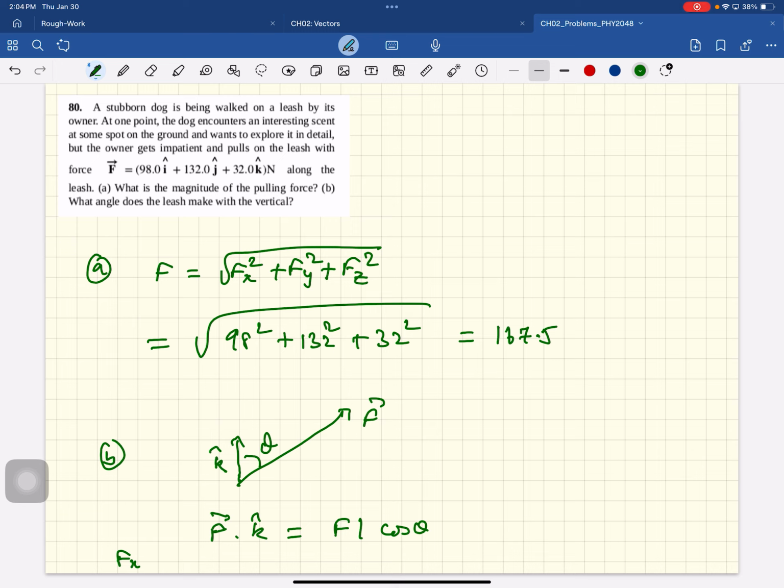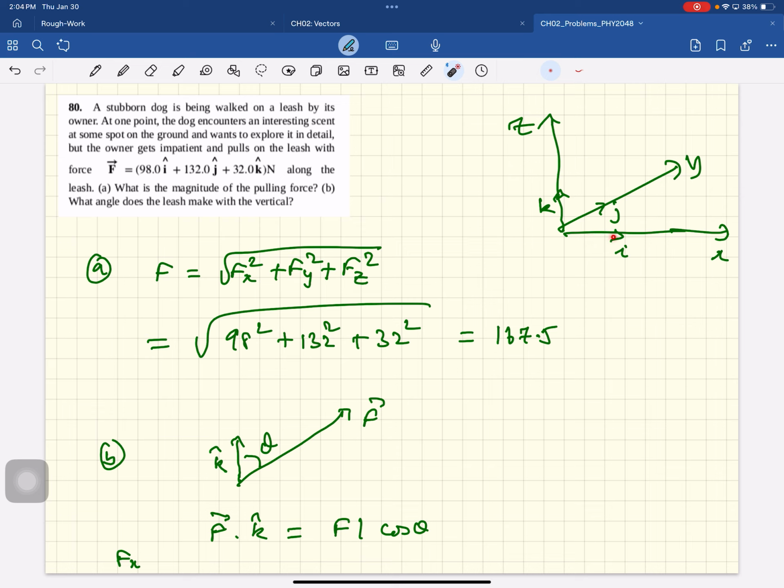Does the k vector have an x component? This vector is pointing along the z-axis.